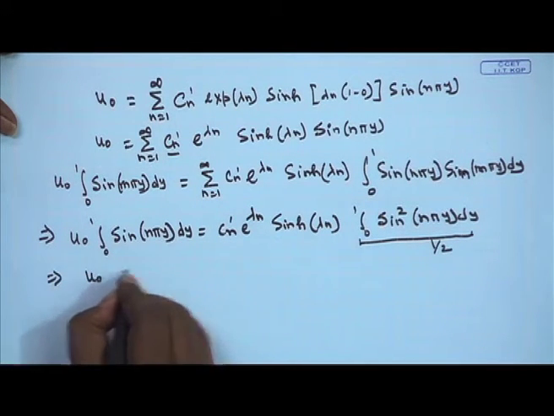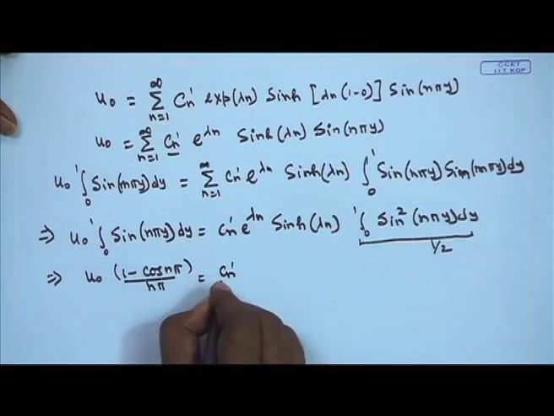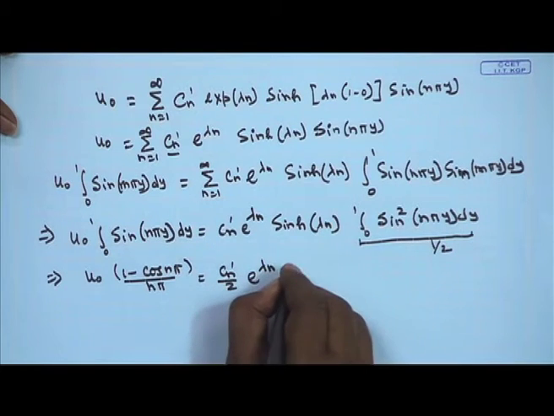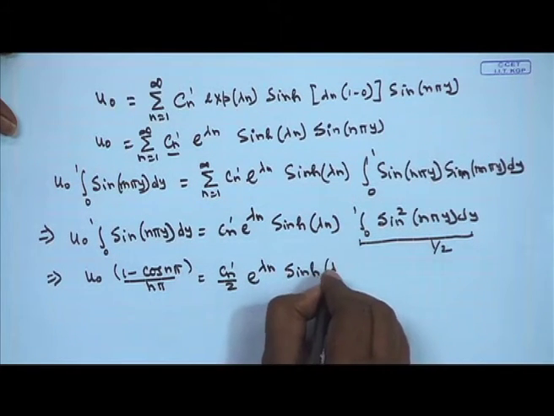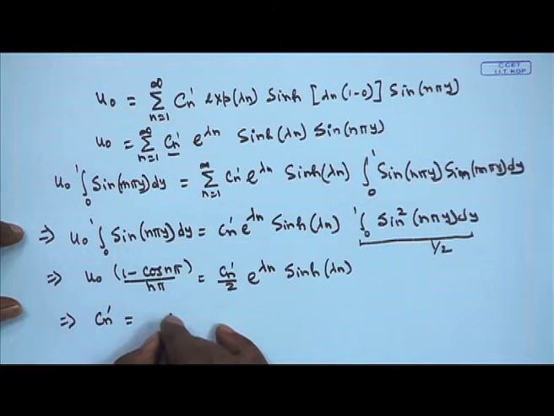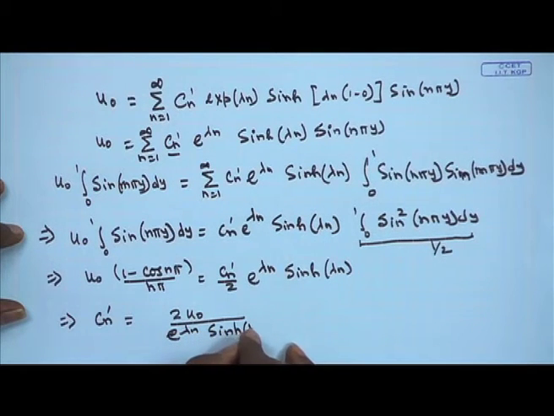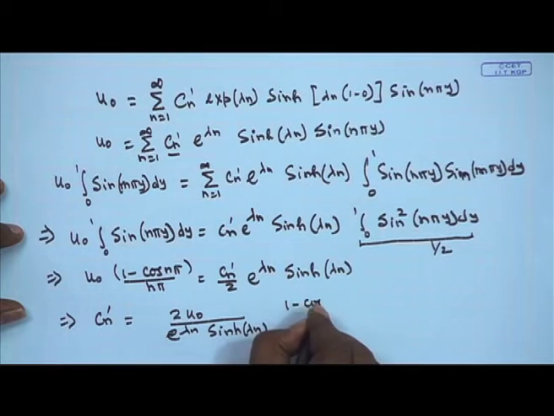So, it becomes u0 (1 minus cosine n pi) over n pi equals Cn prime by 2 e to the power lambda n sine hyperbolic lambda n, and we will be able to get the solution of Cn prime as 2 u0 divided by e to the power lambda n sine hyperbolic lambda n, times (1 minus cosine n pi) divided by n pi.